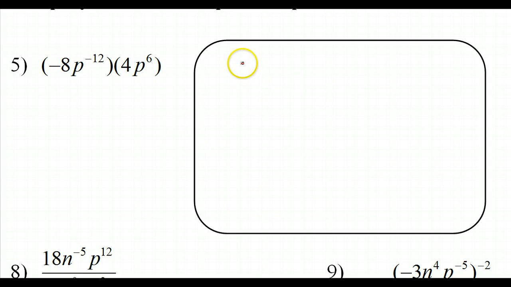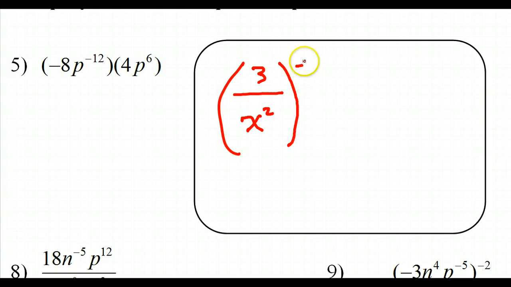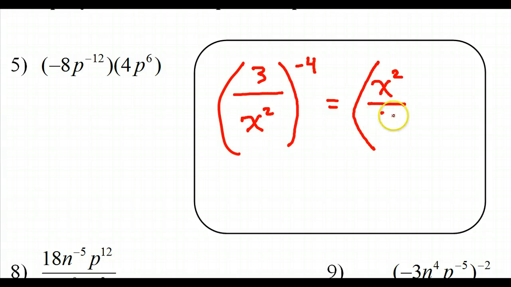One more thing you're going to see, remember, if you have a fraction, let's see, so say I've got x squared. Say if you have a fraction to a negative power. The way we handled that was we do the reciprocal. Alright, so I will turn this upside down and do x squared over 3 and then to a positive power.